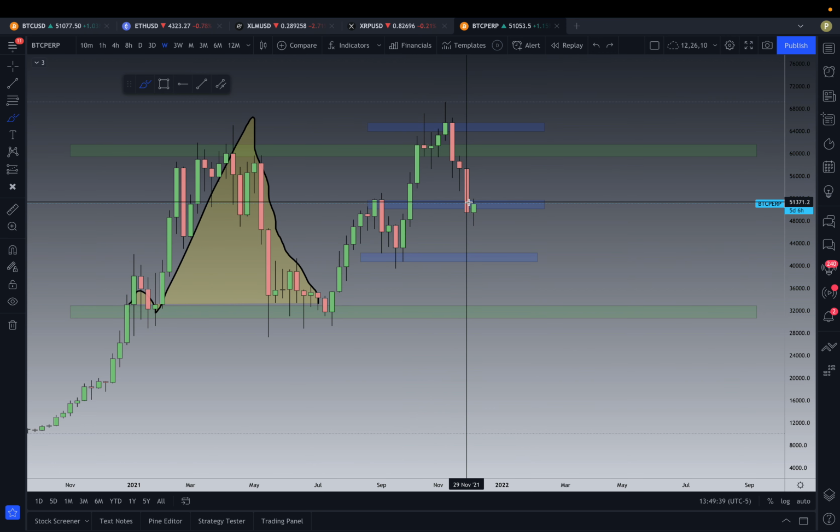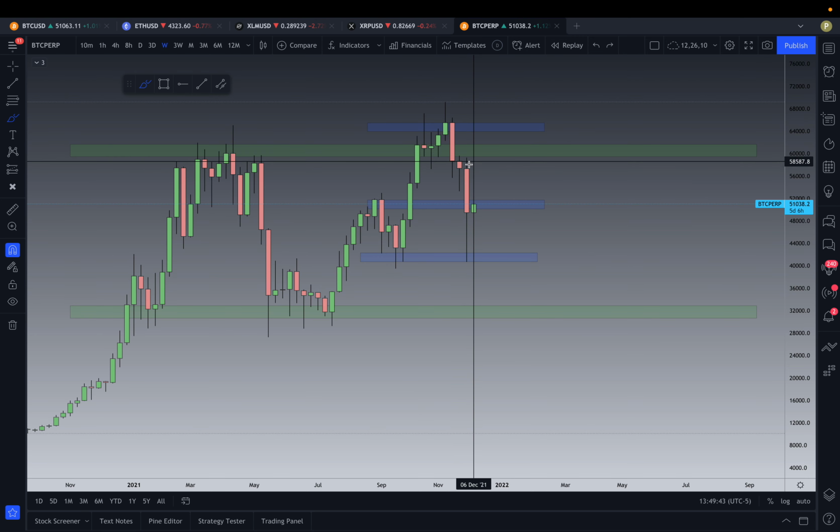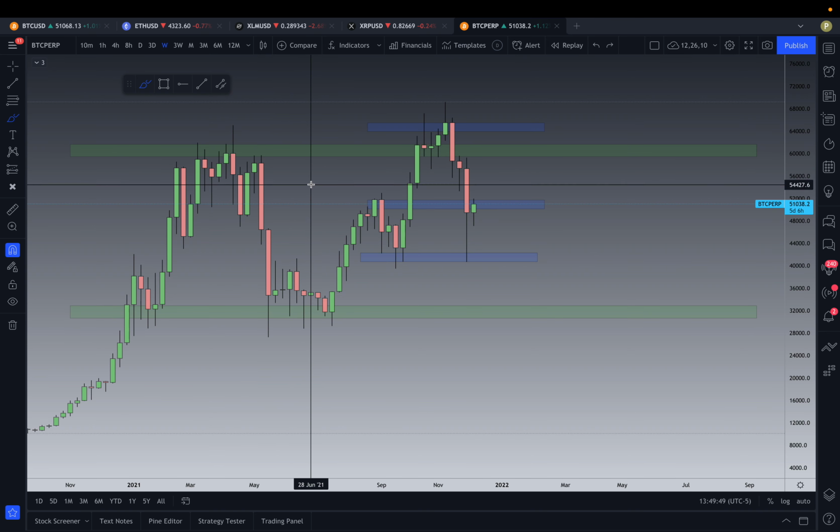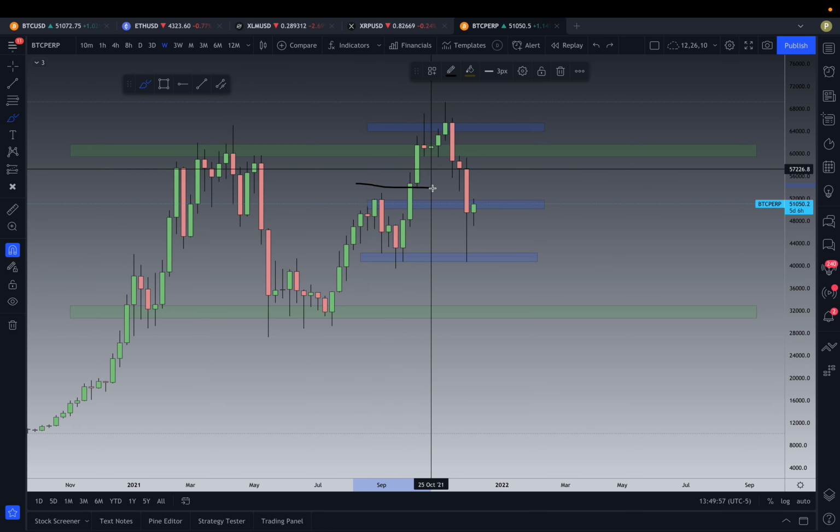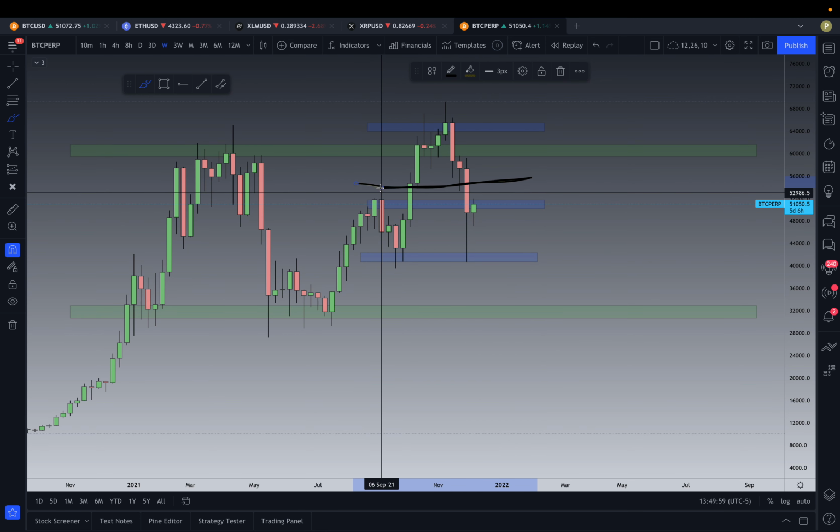So right now the market's in a full-blown recovery mode. We need to get above these levels here. For me, I'd be more convinced if we get above around this level, around 54,000. Some people say 53, but I like to be a little bit more sure.